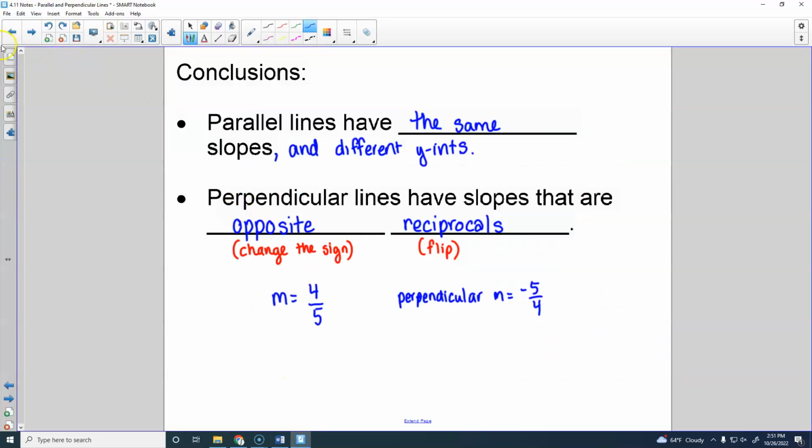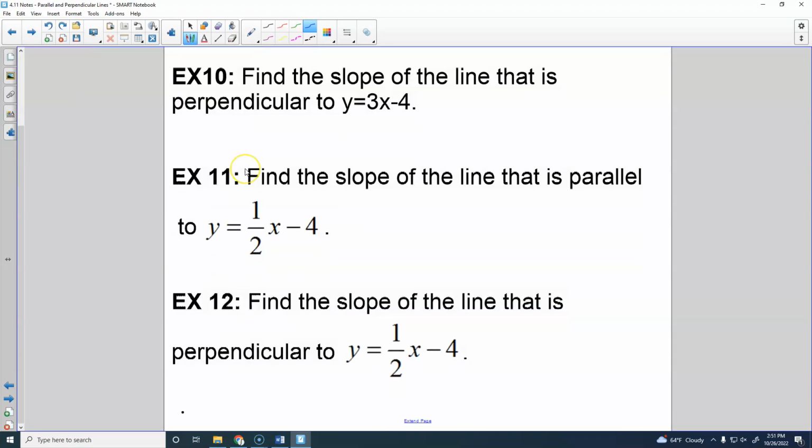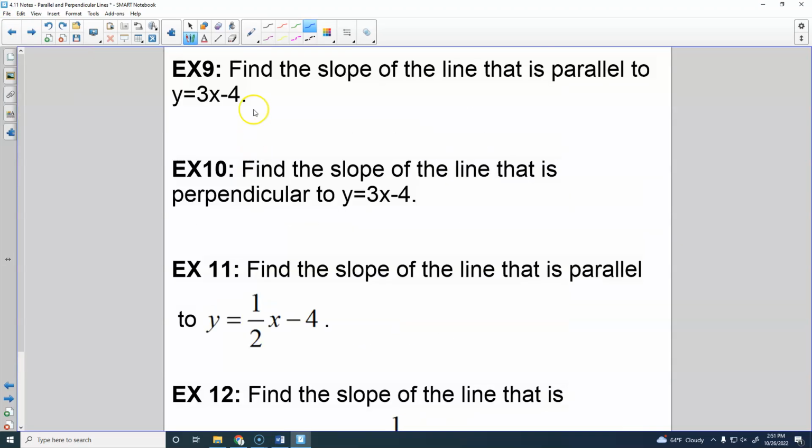Okay, so all right, we have several questions here. For 9, it says find the slope of the line that is parallel to y equals 3x minus 4. Okay?